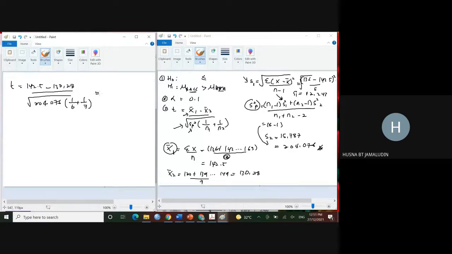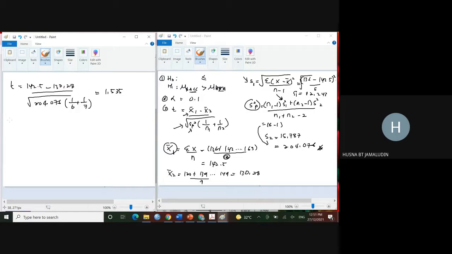Given all this working, you will get your T value equal to 1.535. All these messy steps are disturbing my hypothesis steps.